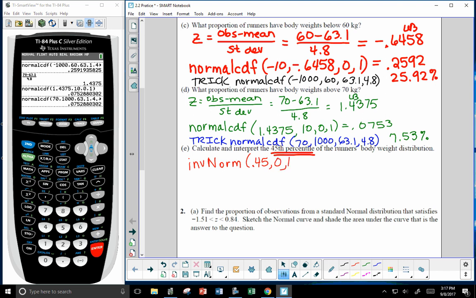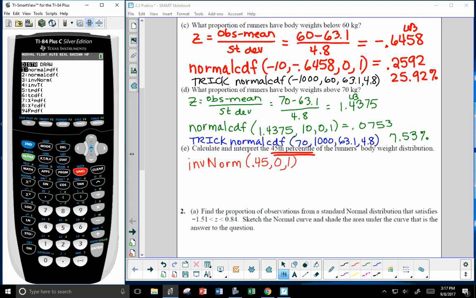So we can take that z-score and remember that z is equal to observed minus mean over standard deviation. We're trying to find the observed score that has that as a z-score. So we know our z-score now is negative 0.1257. We don't know what the observed score is, so we're going to leave that as x, like our unknown, but we do know that the mean is 63.1, and we do know that the standard deviation is 4.8.